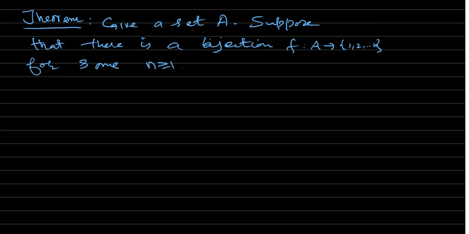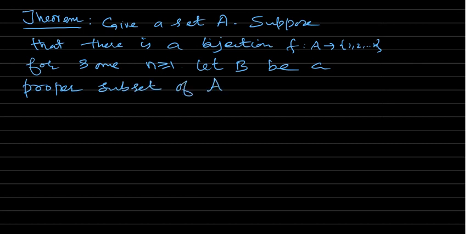Now let's take any proper subset of A. Suppose B is a proper subset of A. Then the theorem says that there is no bijection from B to the set of these n natural numbers.